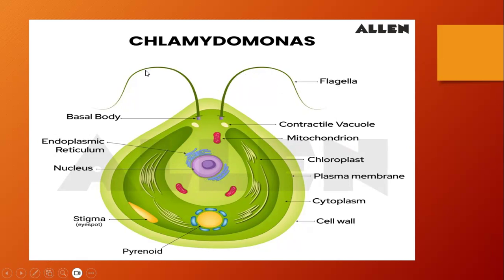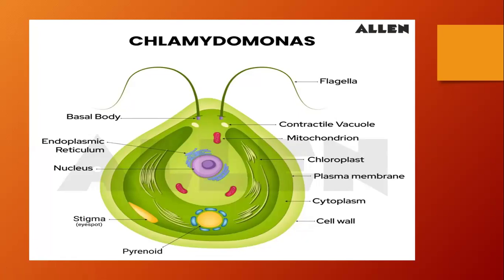Hence, it can also be regarded as an animal-like cellular organism. Now, what makes it a plant-like cellular organism is that it possesses a unique structure called chloroplast, and chloroplast is only possessed by plant-like organisms.